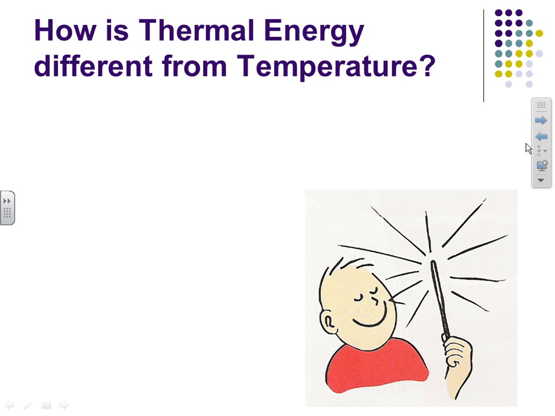If the sparks that come off that sparkler have a high temperature, they're moving fast and they carry a lot of energy, right? The particles that make up the spark, the little pieces that come off of that, have a high energy, they have a high temperature.